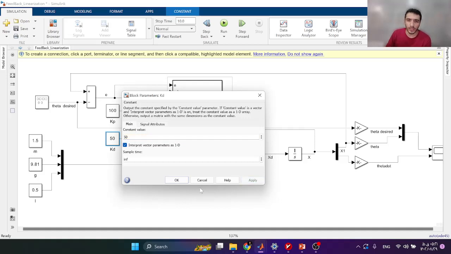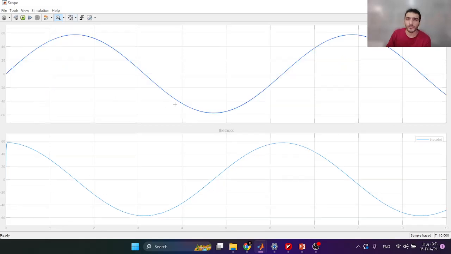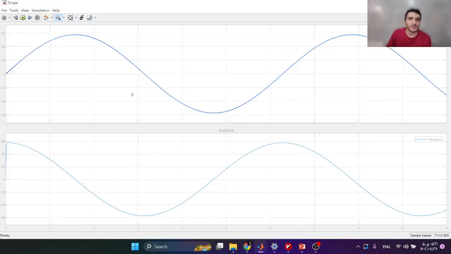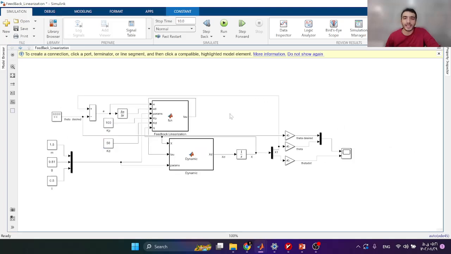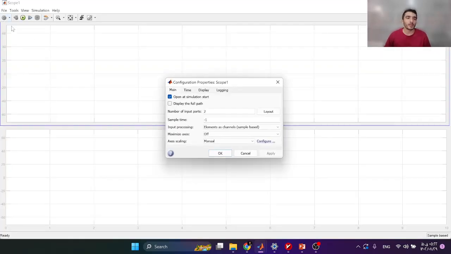Okay, I will increase it more to see if the error becomes very less. Exactly. We can see that the error is very small, such that we do not consider it as a big problem. But with increasing these two values here, we can see that the magnitude of the tau becomes more and more.